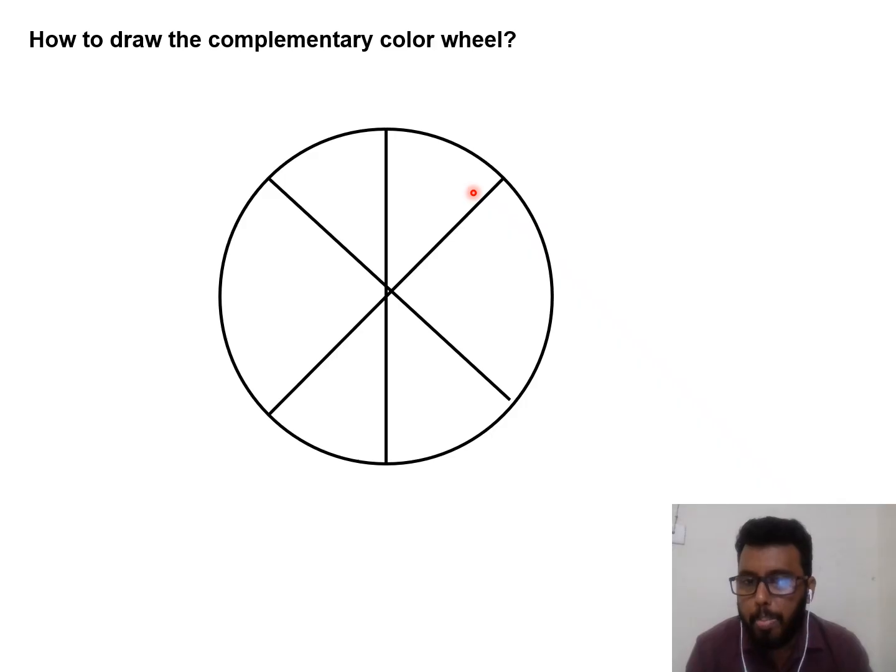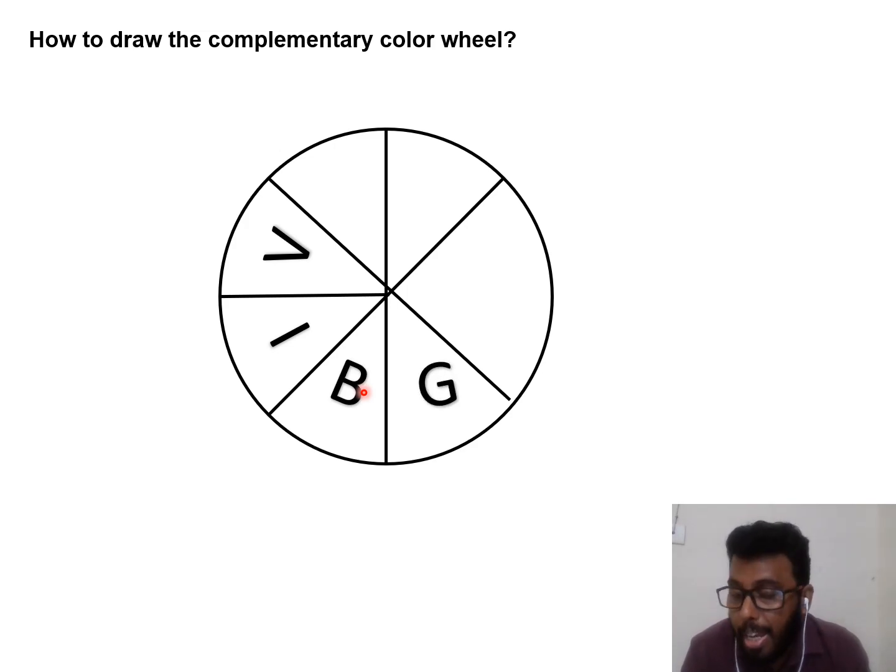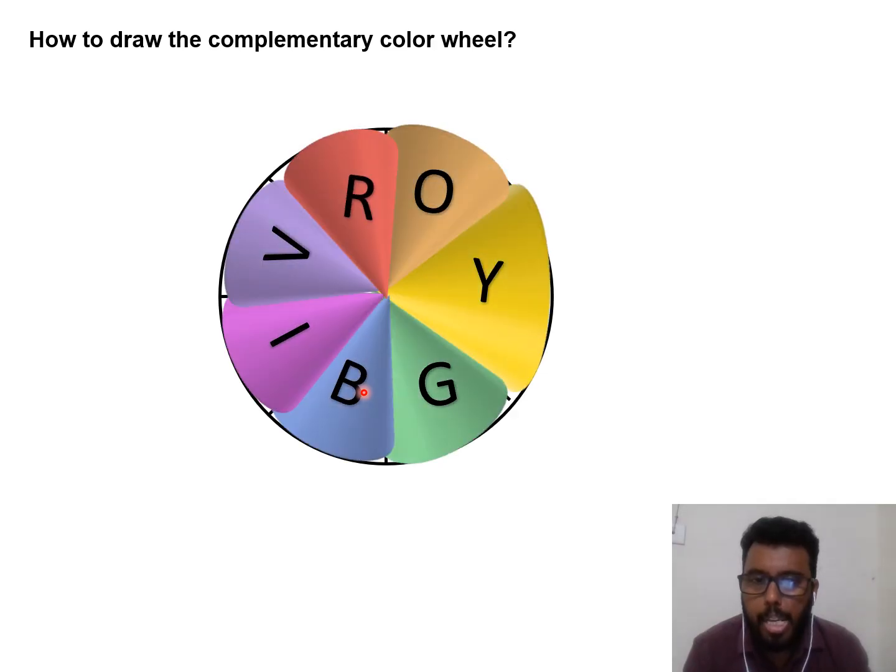Now how many do you have? 1, 2, 3 on the left, and 4, 5, 6. So 6 quadrants are present, and then you just put a horizontal line. Now you will get 8 quadrants, and then just put VIBGYOR. What is that? Violet, indigo, blue, green, yellow, orange, and red. So this is how you form your color wheel.